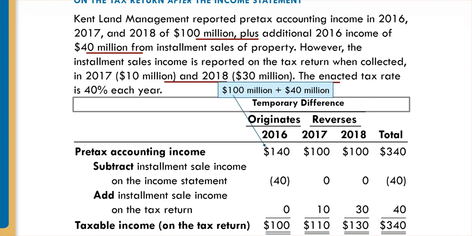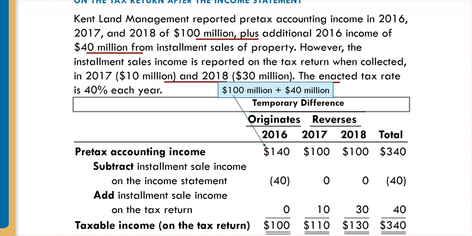Now the amount of the deferred tax liability is not going to be $40 million. It is going to be the tax you pay on the $40 million. So they're going to tell us what the tax paid is going to be paid on the $40 million. In this instance, they tell us the enacted rate is the same for all these years as our current tax rate.